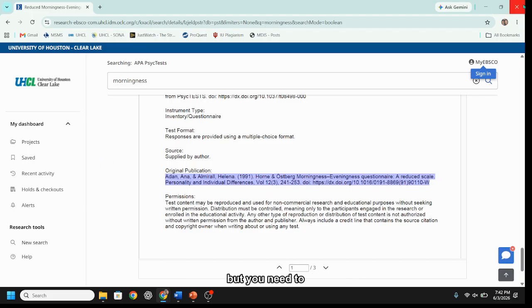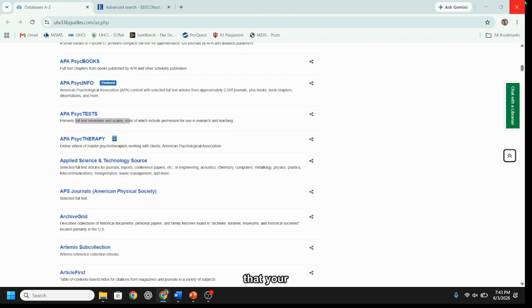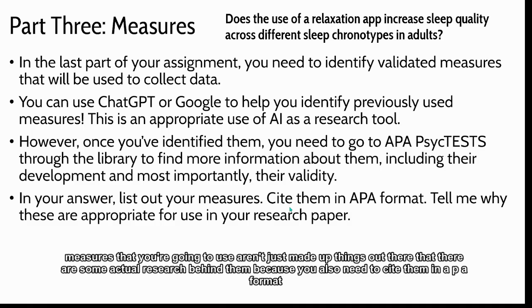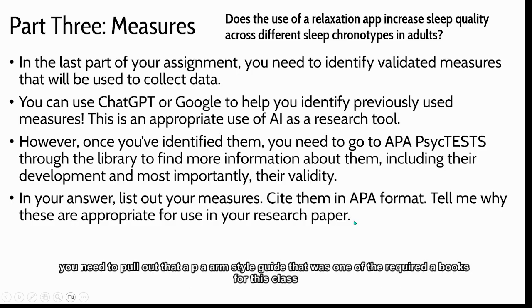But you need to do that research to make sure that the measures you're going to use aren't just made up things out there, that there is some actual research behind them, because you also need to cite them in APA format in your assignment. If you need help on how to do that, you need to pull out that APA style guide. That was one of the required books for this class.